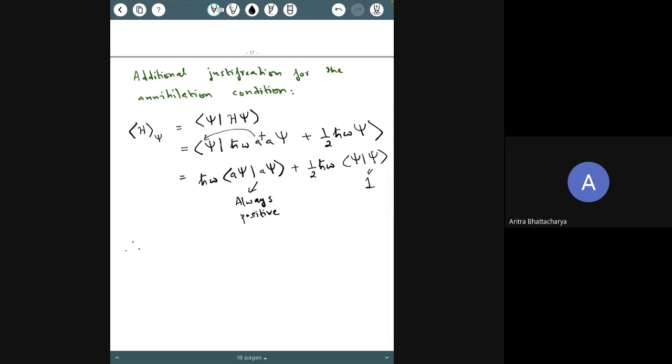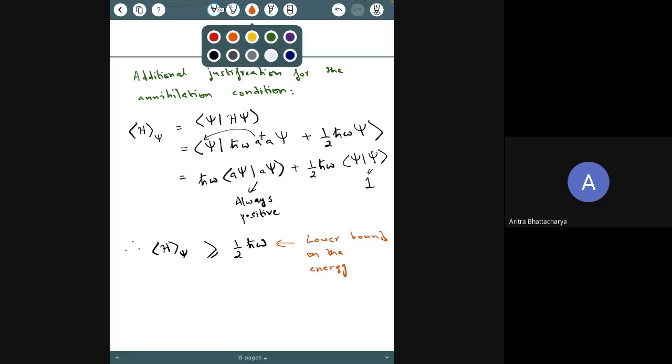Therefore, the expectation value of H is always greater than or equal to half h cross omega. So this is what is called a lower bound on the energy. Okay.